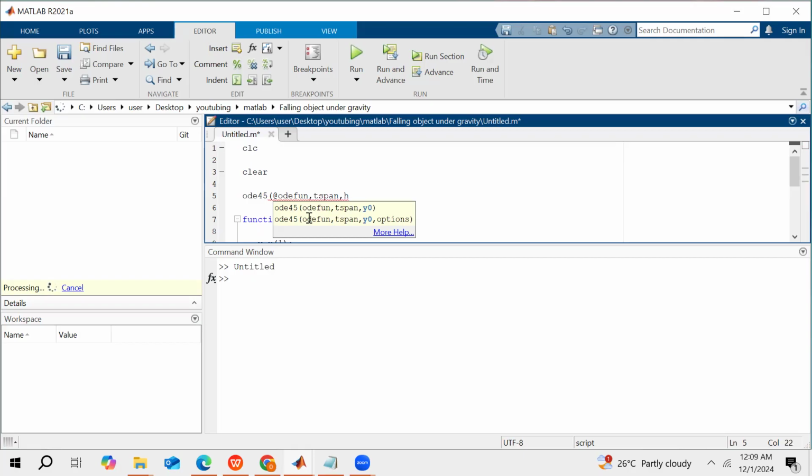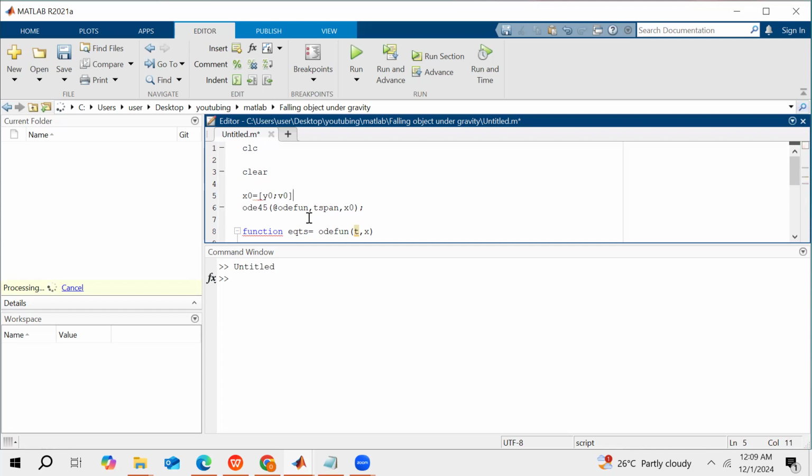Then I have to define my initial position, so my variables. So we can say initial position of variables is equal to initial point of the y0 and v0.